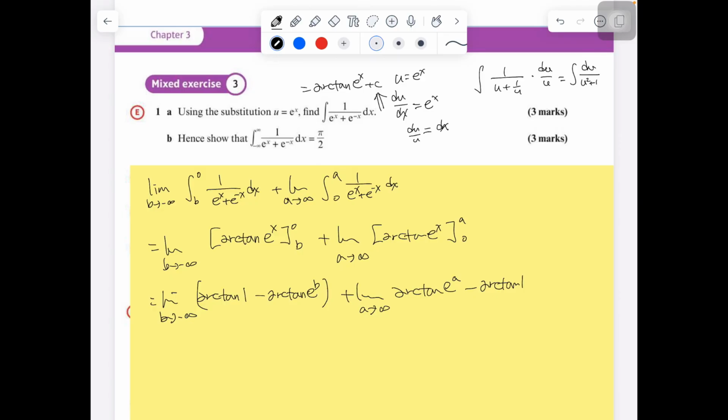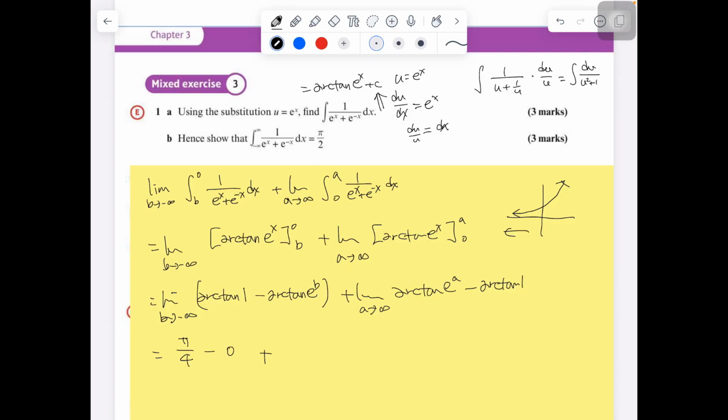So let's see. The e to the power of x graph looks like this. So when it goes to negative infinity, it goes to 0. So here arctan 1 becomes pi over 4, minus arctan 0, which is 0, plus arctan infinity.